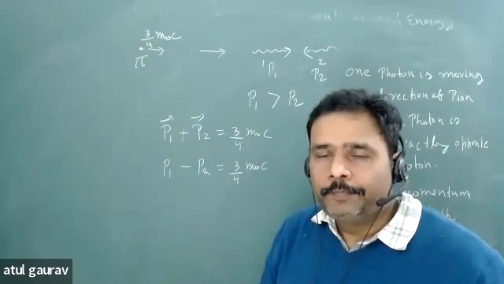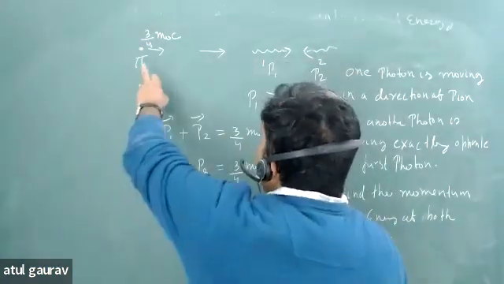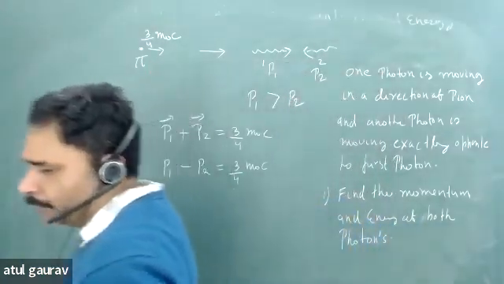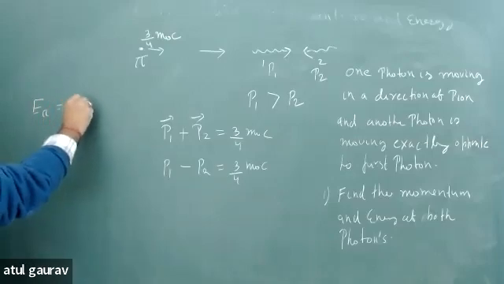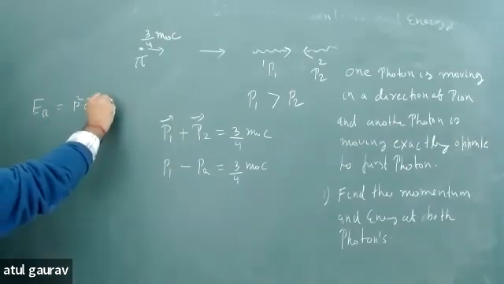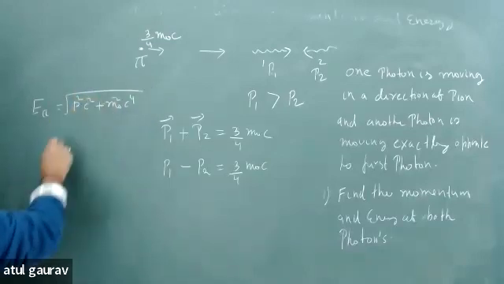Okay? Got it. Now, what will be the energy of this pion? How much energy will this pion have? Tell me. E equals the square root of P square c square plus m naught square c to the fourth, with P equal to 3/4 m naught c.